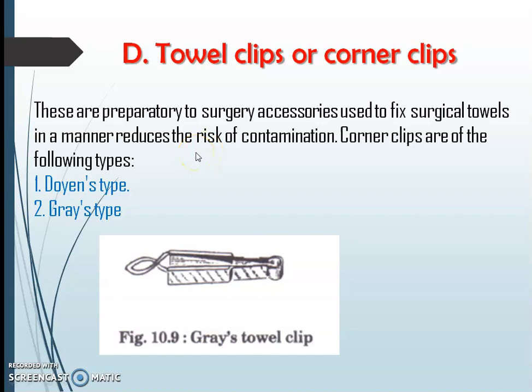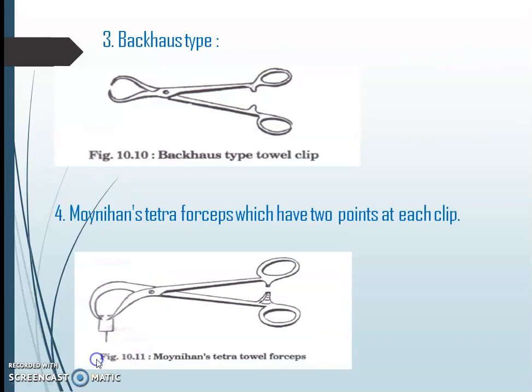Corner clips are again of two types: Doyen's type and Grey type. The diagram shows Grey towel clip. Then we have Backhaus type towel clip. This is Mayo's tetra towel forceps, which have 2 points at each clip.